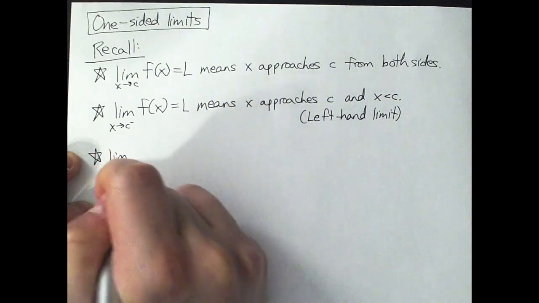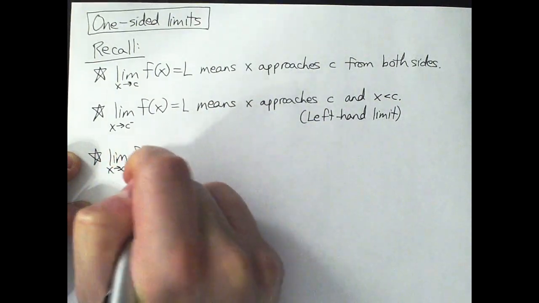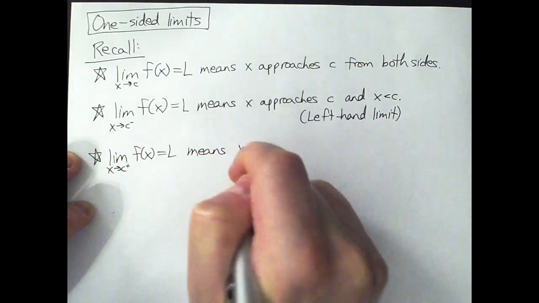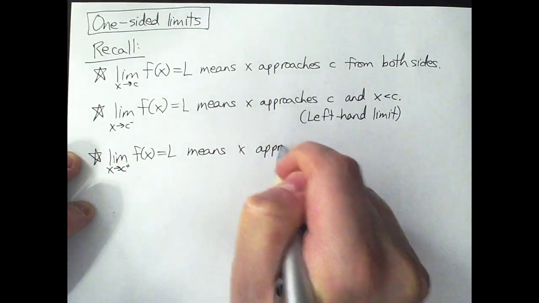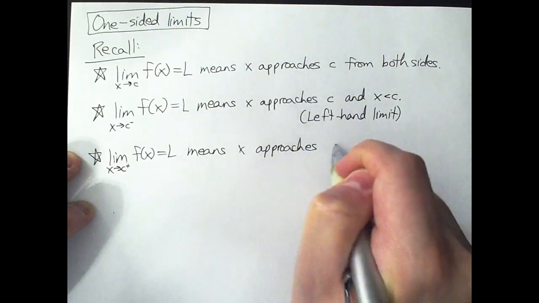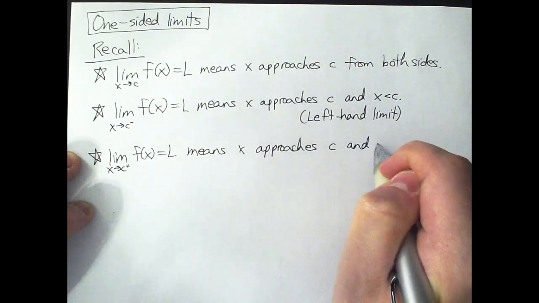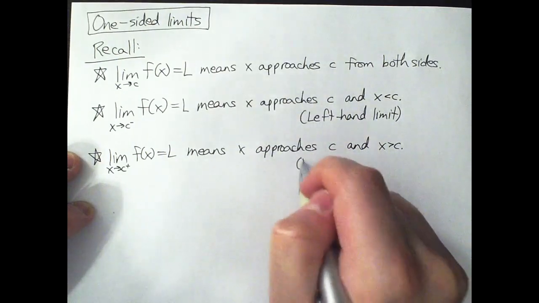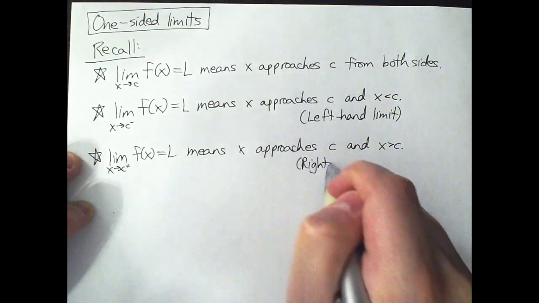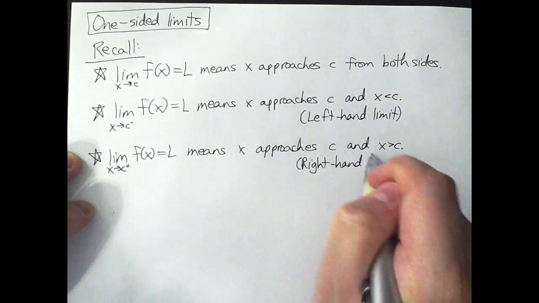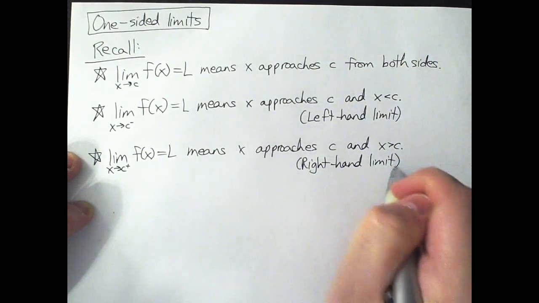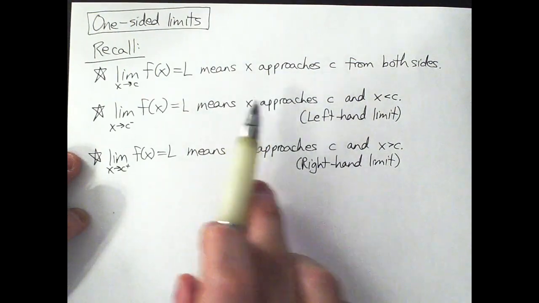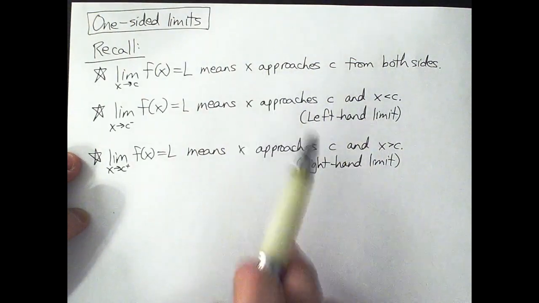The other one is with a little plus sign, and it means that x is only approaching from the other direction. So x approaches c, and x is greater than c. It's on the other side. This is sometimes called a right-hand limit. In all of these cases, we're saying that f of x is approaching L as x does this.